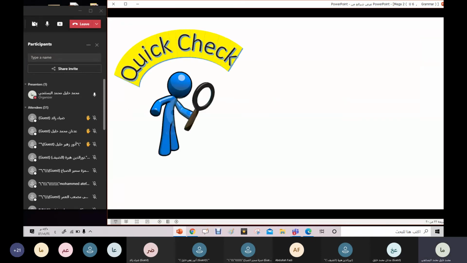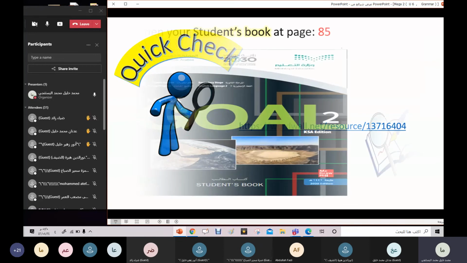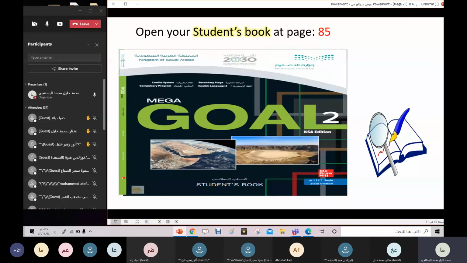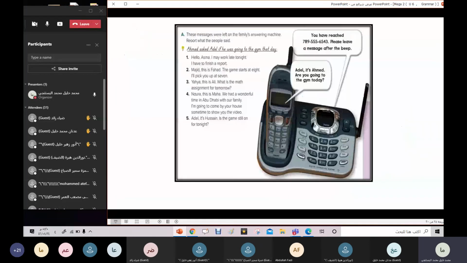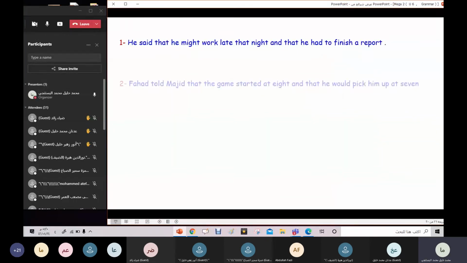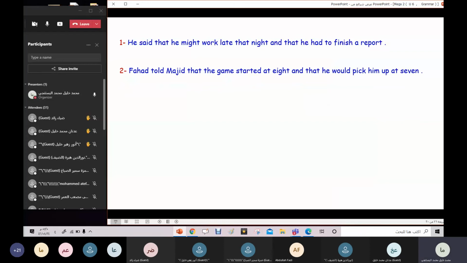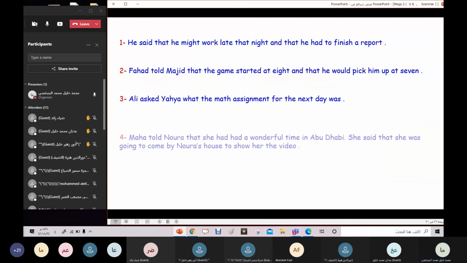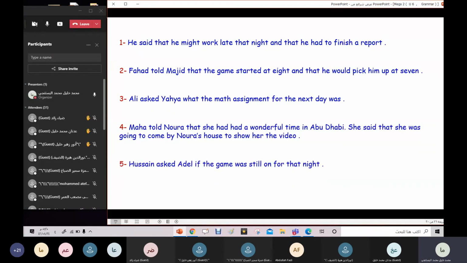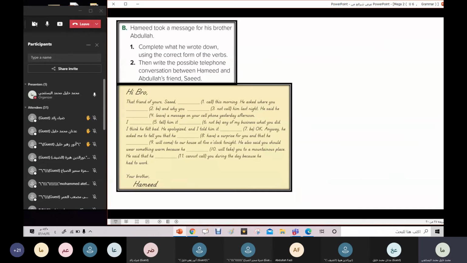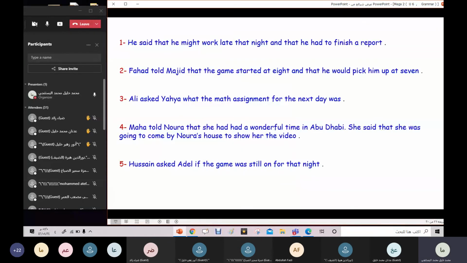Okay, here we have on page 85, sorry. These messages were left on the family's answering machine. These are the answers, from 1 to 5. We reported the sentences, the messages. He said that he might work late that night and that he had to finish a report.